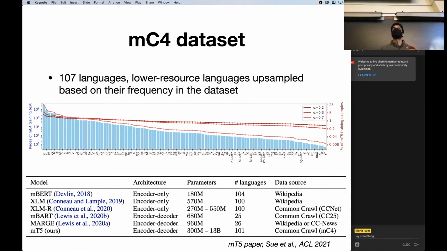Regardless of what you do, you need to have some sort of frequency-based language sampling. There have been more complicated things where languages belong to families, right? So two languages could be more related to each other than to another language. So possibly you can do sampling based on language families instead of exact languages. But yeah, we'll talk a little bit more about that.